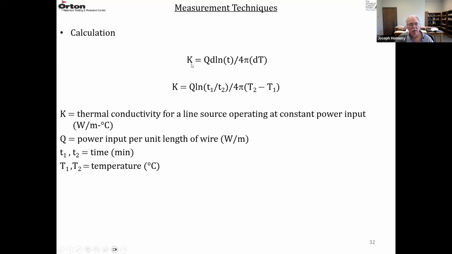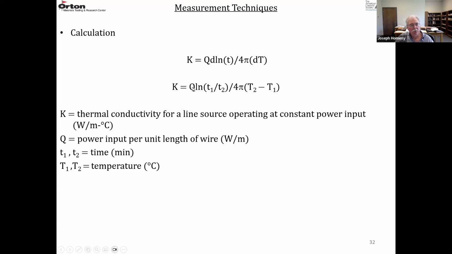So the conductivity equals Q, the power input per unit length of wire, divided by 4 pi, times the derivative of the log of time over the derivative of temperature. So d ln t / dT. We have our slope, and it's determined from our two times and our two temperatures, and 4 pi is a constant.